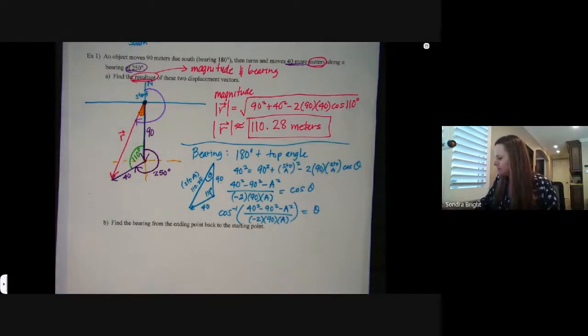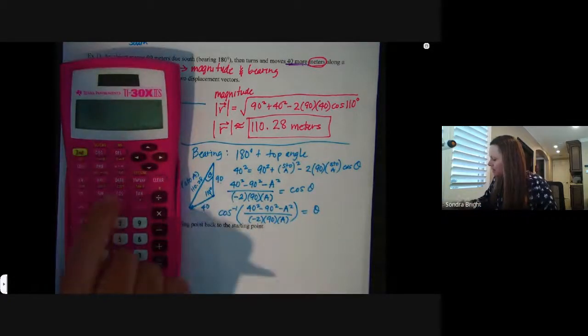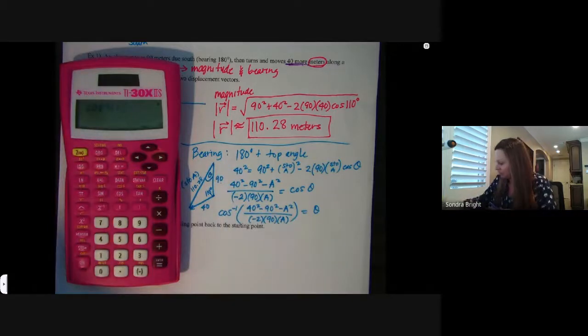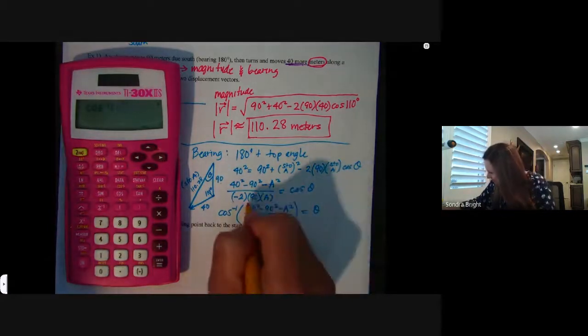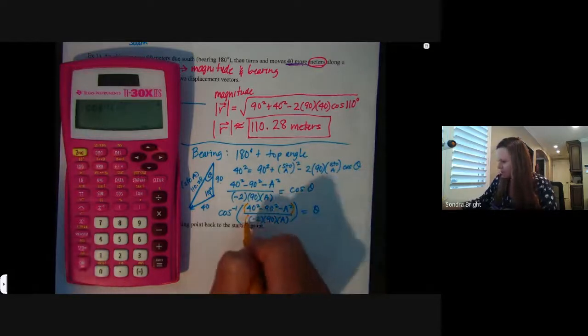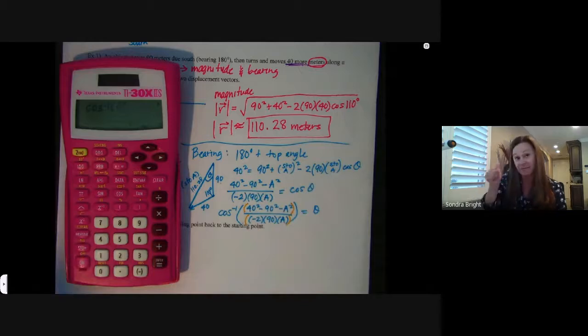All right, so let's put it in. Here we go. Inverse cosine of, I'm going to put parentheses around. You have to let the calculator know this whole thing is the top divided by this whole thing in the bottom, because it will divide before it subtracts. So I added an extra parenthesis in there.